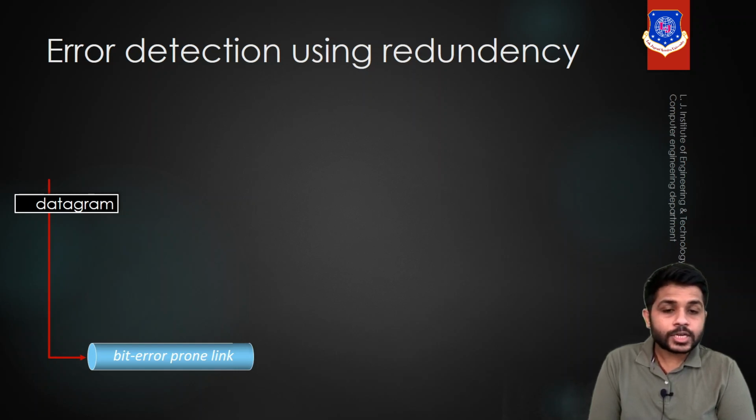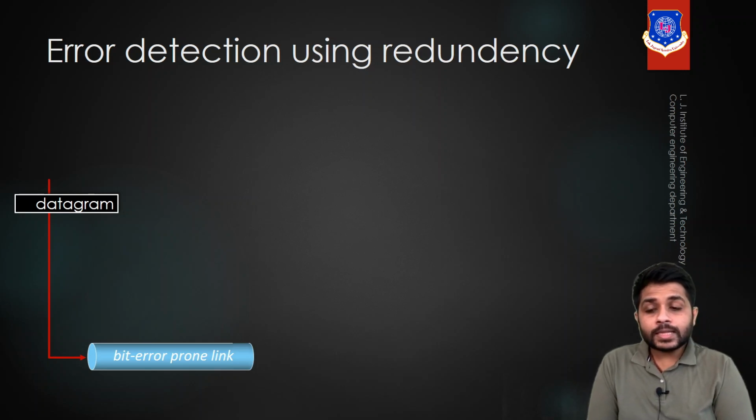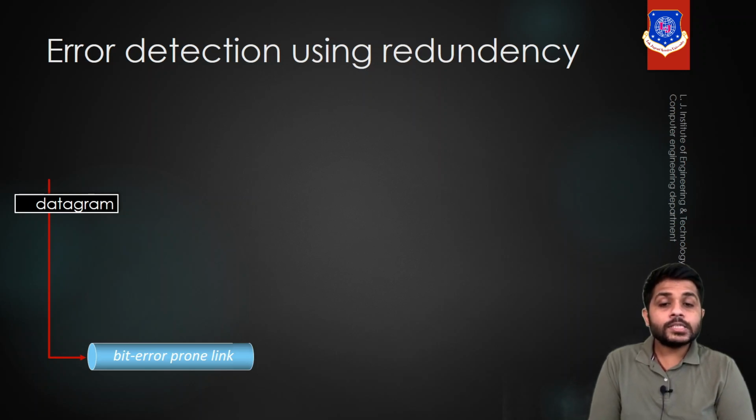Now why is this extra data needed? This extra data is needed because when the whole data, the 8-bit data and the extra data, is received by the receiver, the receiver will be able to check the error using the extra data. So using the extra data, the receiver will be able to check if the original 8-bit data contains any error or not.